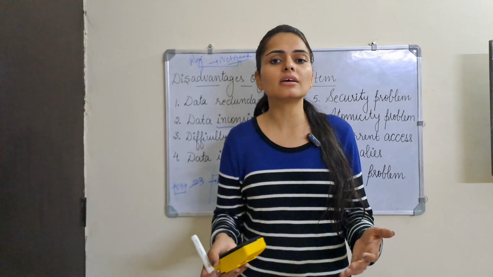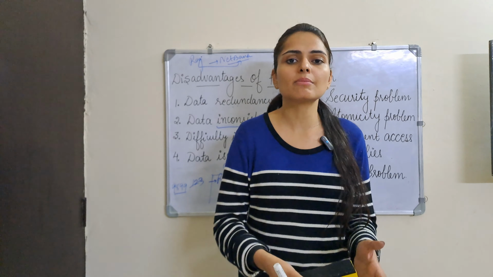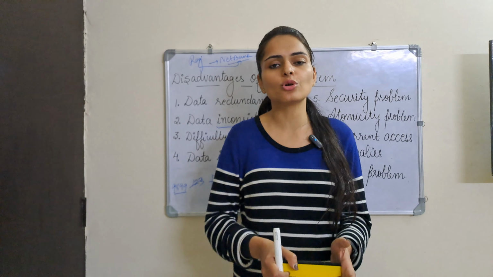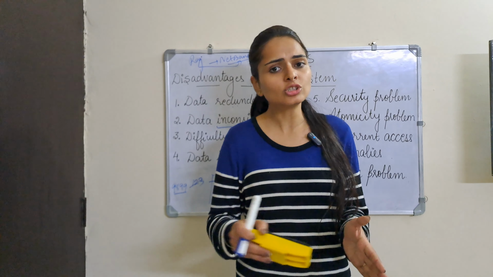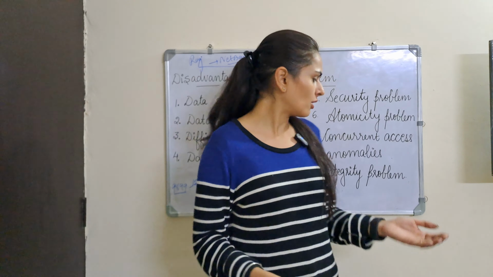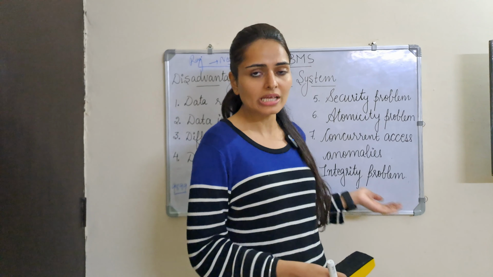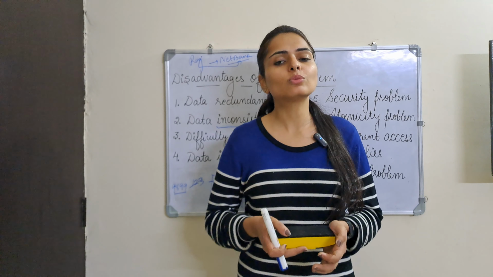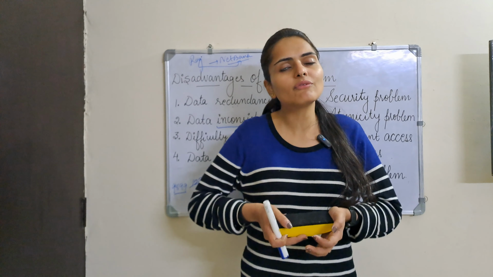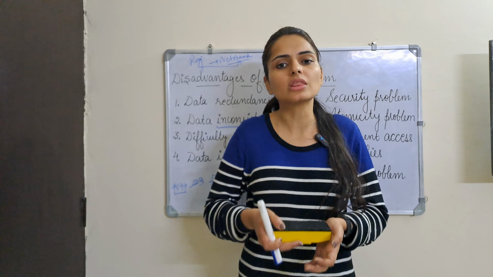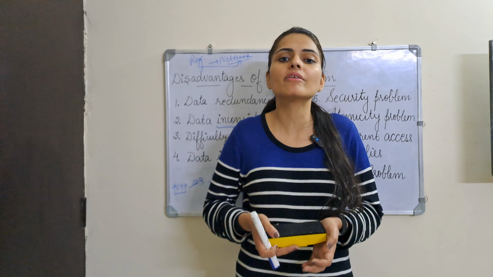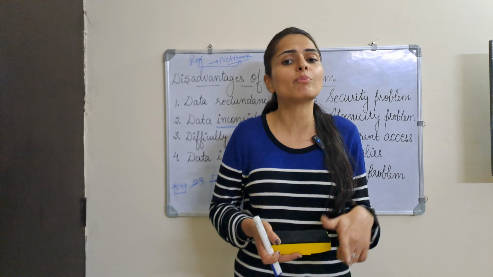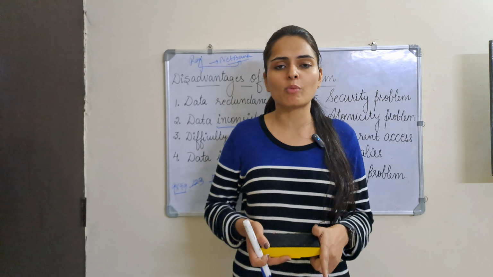Or, if I am accessing my Netflix account, some other person should not be able to access that. Imposing such rules is called integrity constraints, and those integrity constraints are very much managed with professional databases. However, with traditional file systems, imposing these rules was not possible.